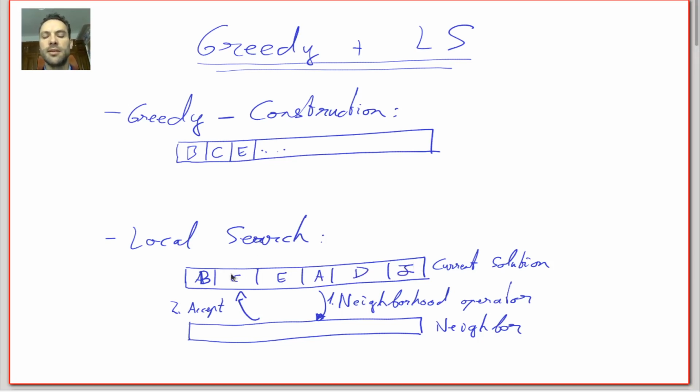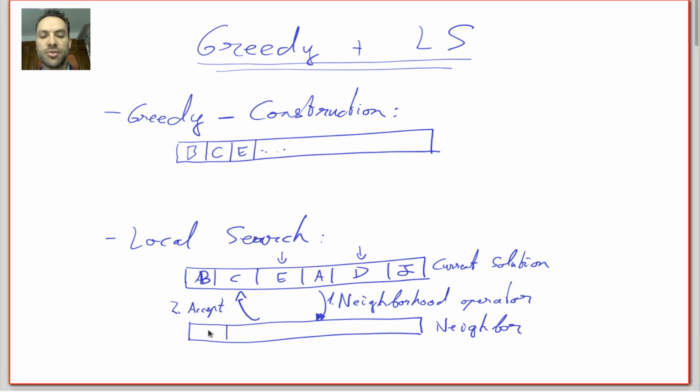and in this new stage, you apply local search, where the current solution undergoes some modifications according to the neighborhood operator. So, for instance, let's suppose that the elements between these two are written in the opposite direction.